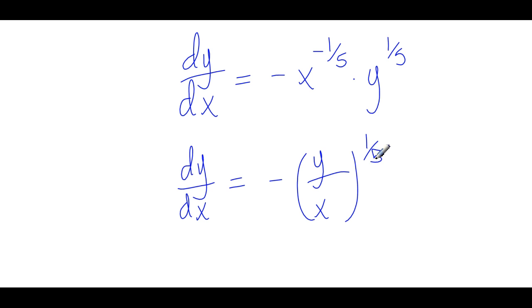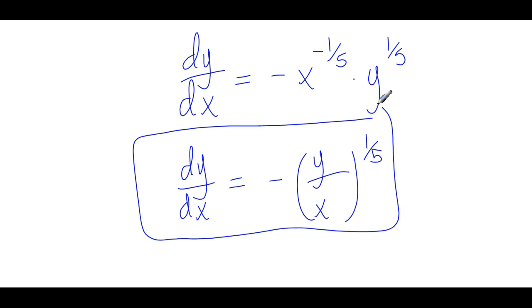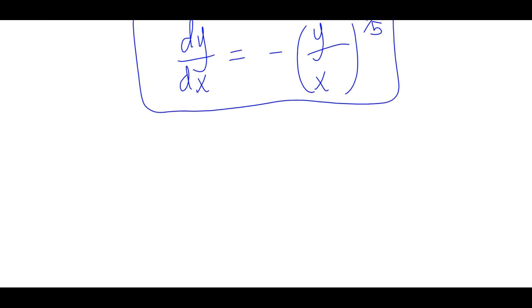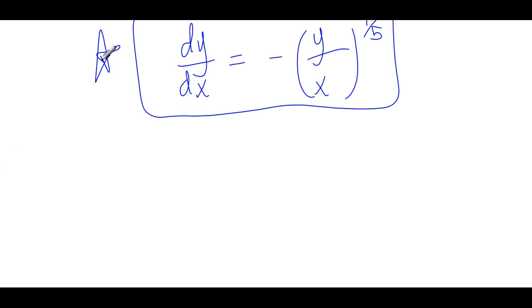So there's our first derivative: dy/dx is negative y over x to the 1/5 power. Now that's important. We're going to come back to this in a second.